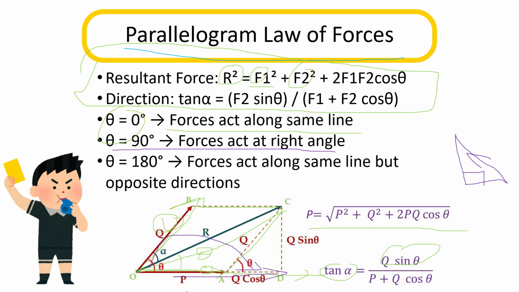Now if there is 180 degree, the forces will be in the same line but opposite in direction. Suppose that this angle becomes 180 degree. Now this force will become in this direction, and this is in this direction. So these all are the things that you all need to know.